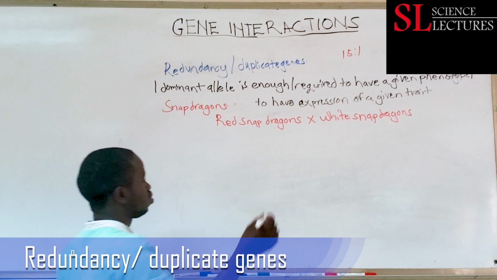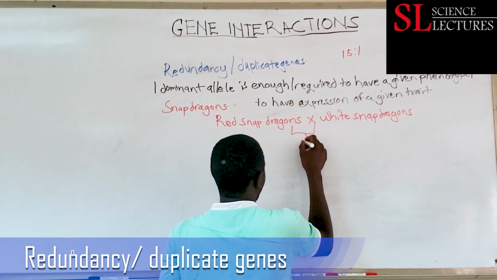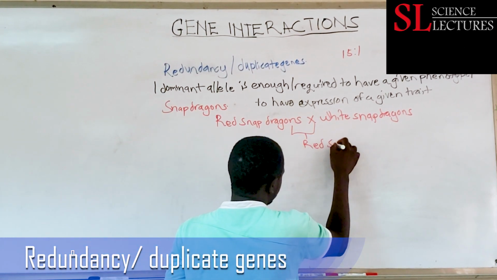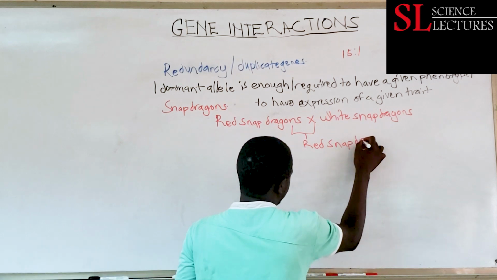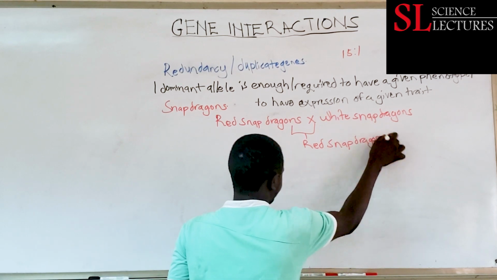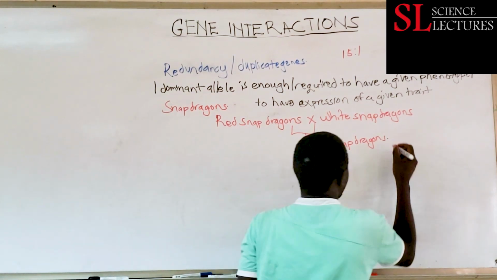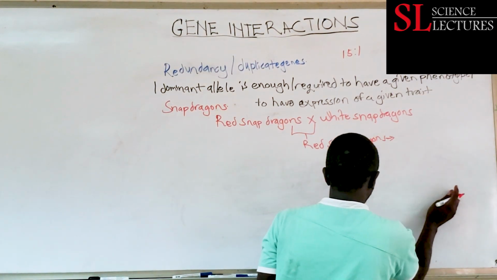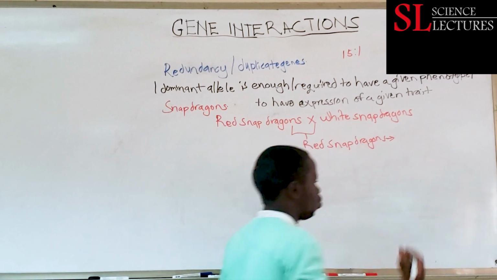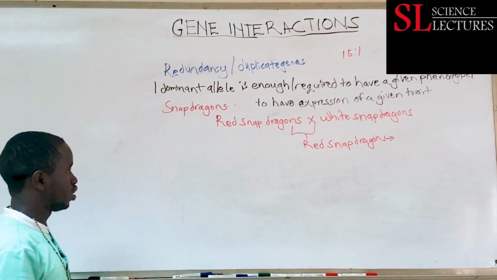When they crossed the two, they obtained red snapdragons. Now, when they recrossed these red snapdragons, they obtained some red snapdragons and one white snapdragon.